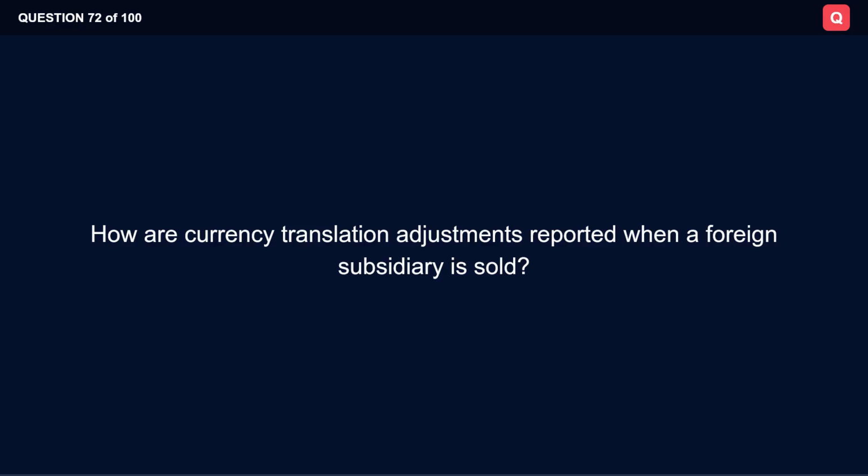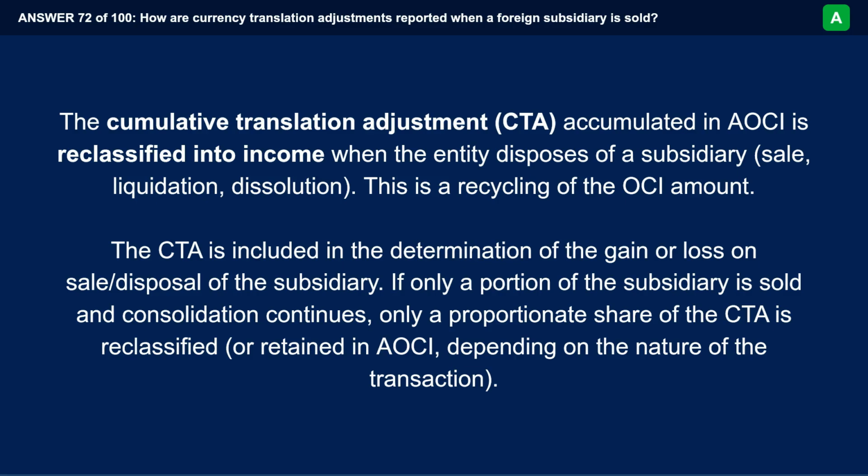How are currency translation adjustments reported when a foreign subsidiary is sold? The cumulative translation adjustment, CTA, accumulated in AOCI is reclassified into income when the entity disposes of a subsidiary: sale, liquidation, dissolution. This is a recycling of the OCI amount.